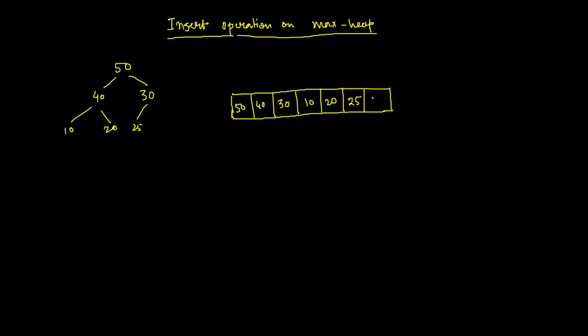That means 60 should be somewhere here. So with respect to this tree, the newly inserted data 60 should be somewhere here. But we all know that inserting 60 over here is violating the rule of max heap.